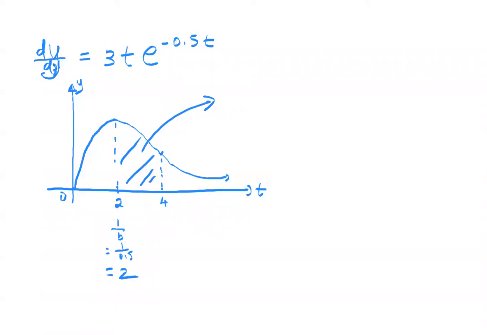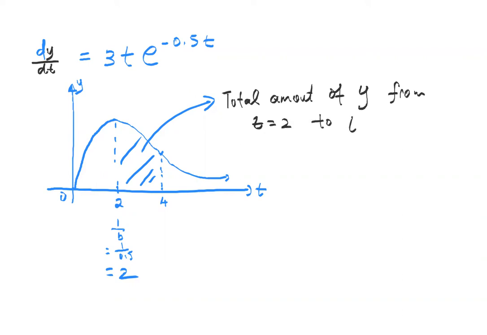If this is a rate of change curve, dy over dt, this area means the total amount of y, from t equal to 2 to t equal to 4.